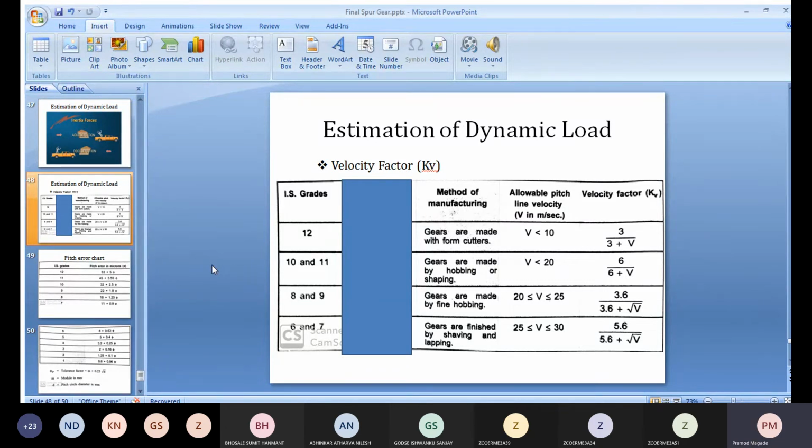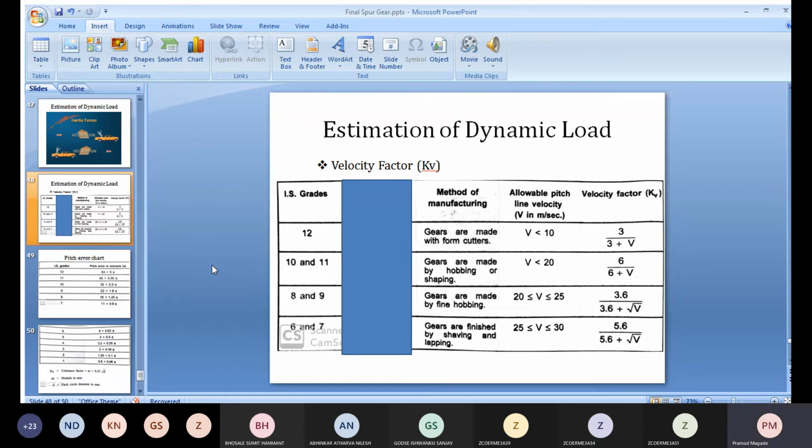And they have asked about the method of manufacturing. They will give you that the gears are made by hobbing, की velocity factor या केस मध्ये येईल 6 by 6 plus V. So these are the three methods. एक्झाम मध्ये विचारलं जात नाहीये, डायरेक्ट दिले जातात, पण ओरल मध्ये question will be asked: what are the three methods to find velocity factors?